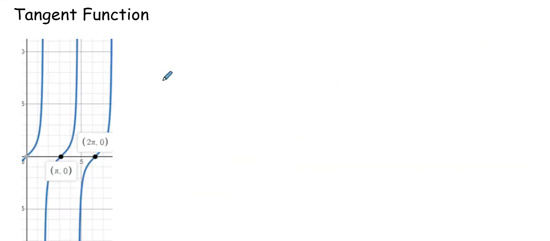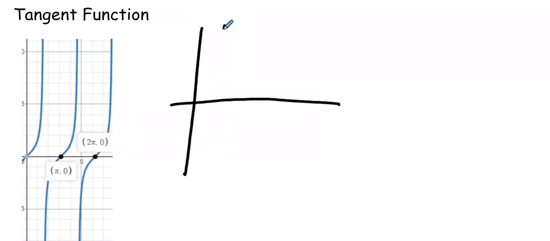So the tangent function, a little bit different. This is one I used Desmos for. I just want to show you actually the tangent function. I won't put any values here.